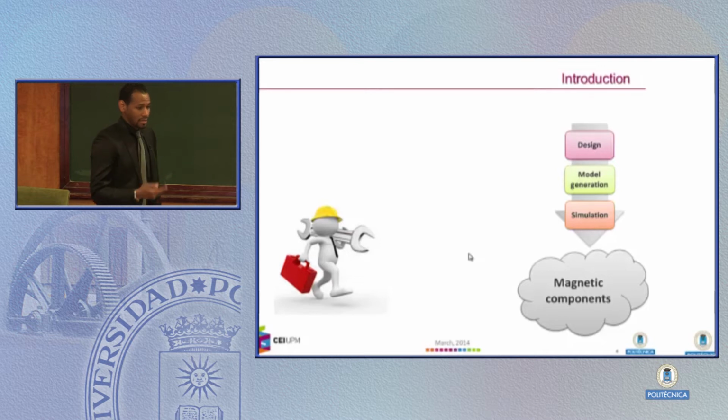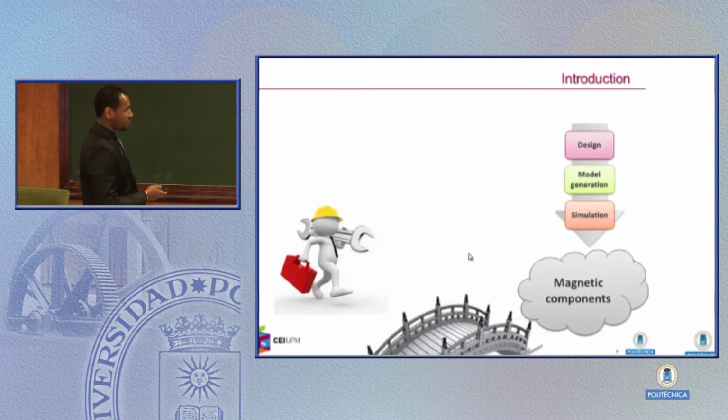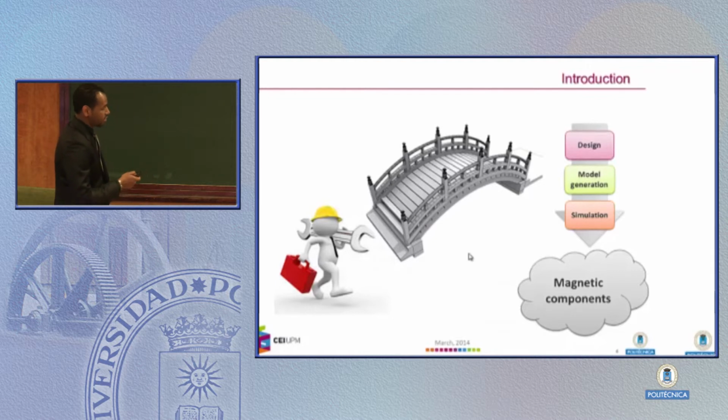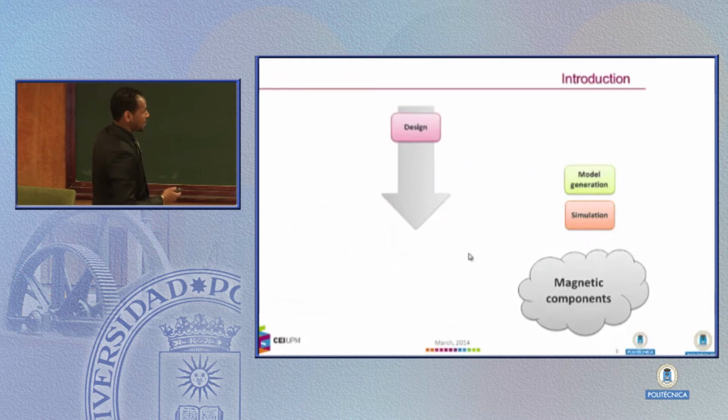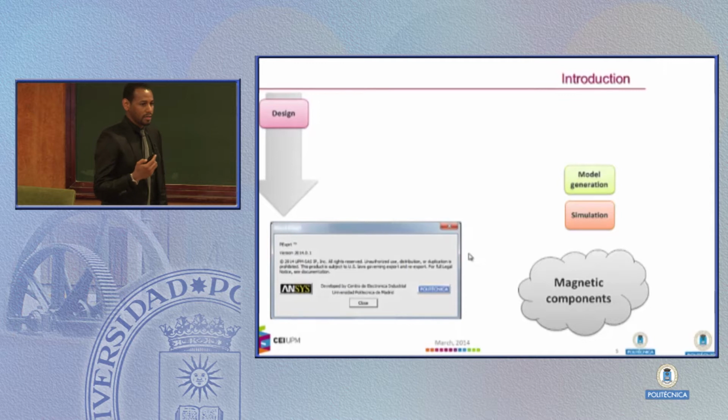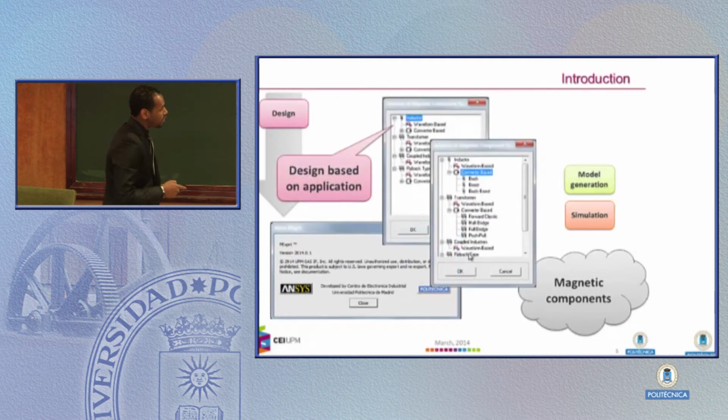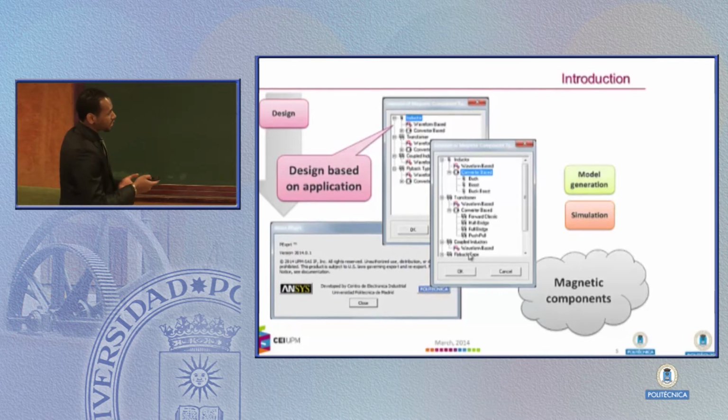In that sense, we could say that PSPR could be the bridge that the designer can use to get a real magnetic component from those specifications. But what is that bridge? What is PSPR? PSPR is a complete magnetic component design tool that covers those 3 steps that we have mentioned before, in which a component can be obtained from an electric specification, for example, or a given application, as the case of some power topologies.